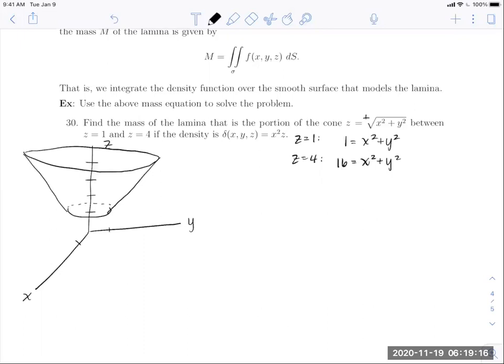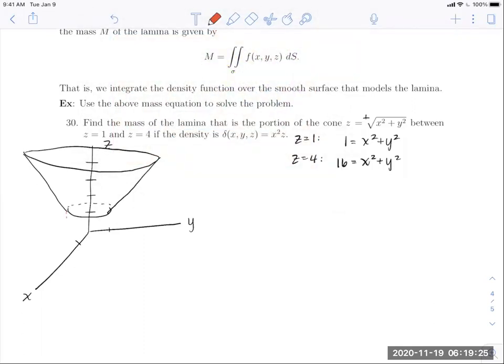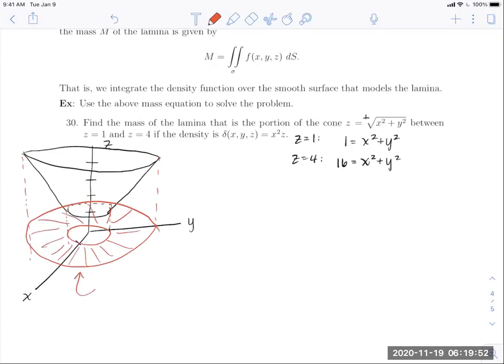Okay, and since we have z solved for, we're going to want to project down onto the xy plane. So I'm going to do that in red. So we're seeing the circle of radius 1 and the circle of radius 4. And so we see that our region is going to be this annulus here, this ring. It's not the best sketch, but gets the point across here.